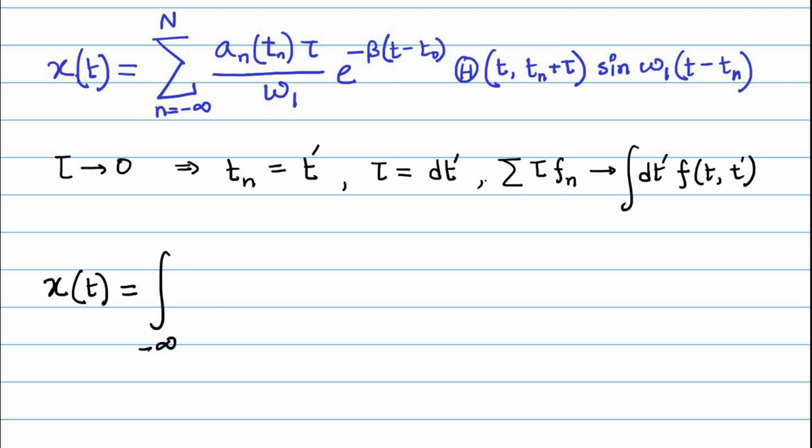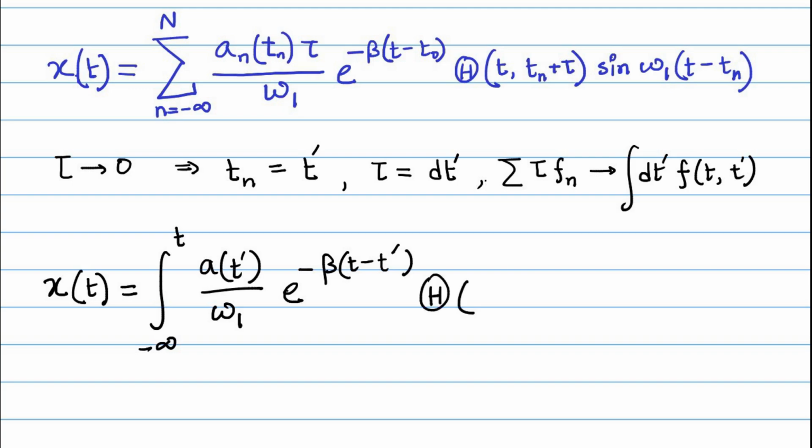So in the limit, our solution turns to an integral from negative infinity to some t, of a of t prime over ω1, e to the negative β (t minus t naught). Well, in this case it's going to be t prime. Then there is a step function θ(t, t prime), and then we have sine of ω1 (t minus t prime), and of course instead of τ we have dt prime.